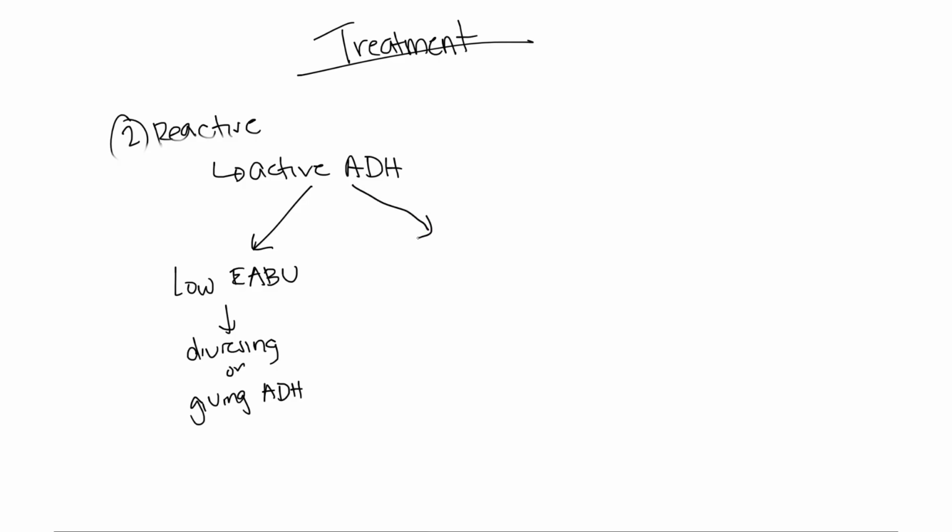Now, let's say that they're not in a low effective arterial blood volume state, meaning RAS is inactive. If RAS is inactive, well, then I'm thinking SIADH versus adrenal insufficiency or hypothyroidism. Let's assume that it's SIADH. This is the one that's really hard because the ADH is usually something very chronic that's hard to turn off.